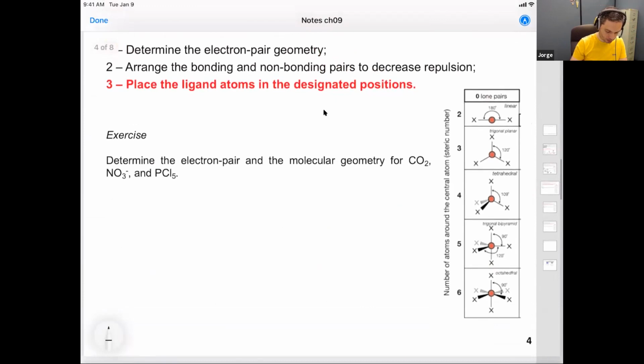Okay, so now let's work with the second example, PCl5.